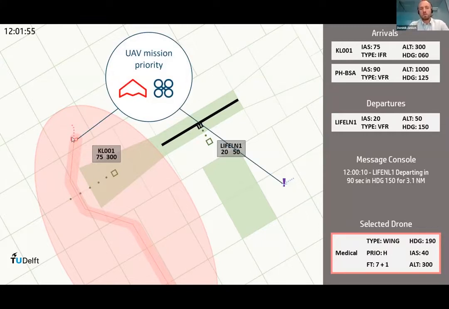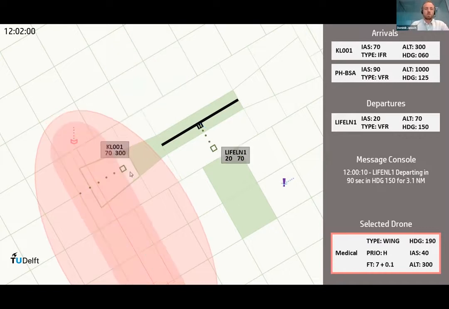We gave the red color to the higher priority UAV. You can imagine, for instance, an emergency flight between hospitals. So this would be a use case which would have a higher priority of one UAV than another. And we wanted to understand whether the controller would actually use this information to, for instance, increase the efficiency of specific UAVs so that they can continue along their path in a much straighter line. So these were the interface considerations that we came up with and that we wanted to test.